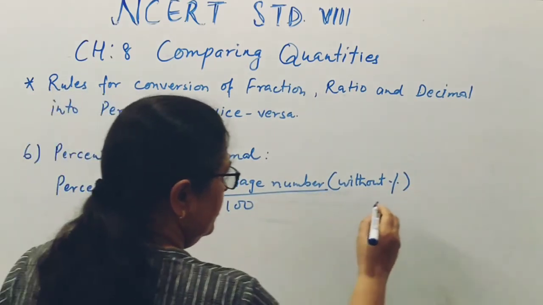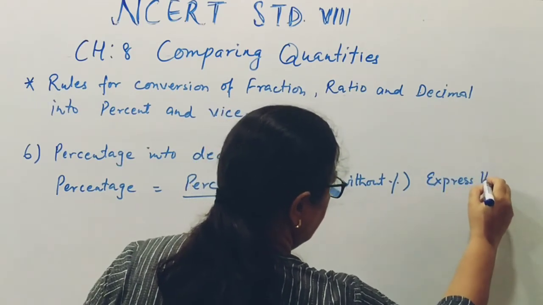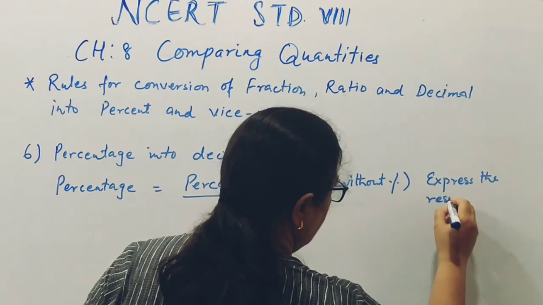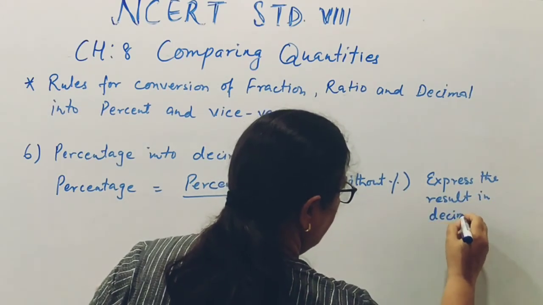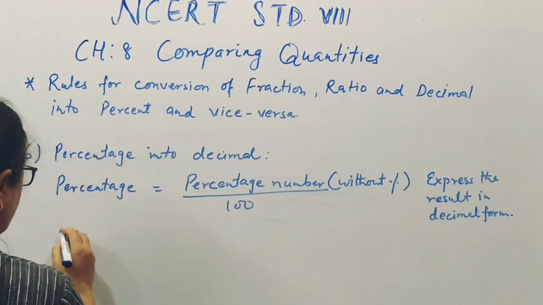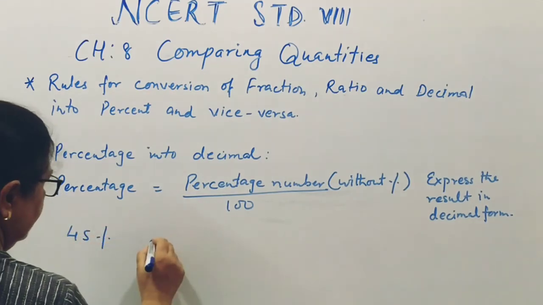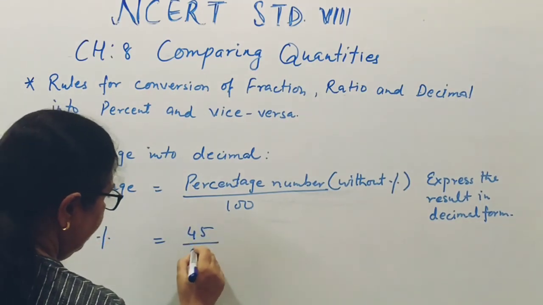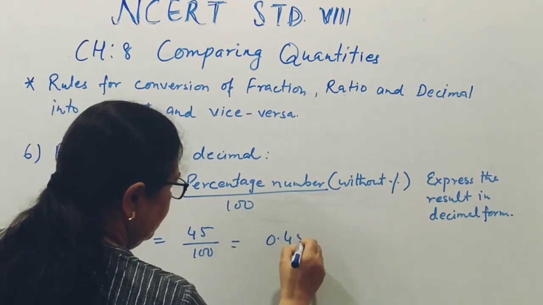Then we express the result in decimal form. For example, we have 45%. So we can write 45 upon 100, that is 0.45.